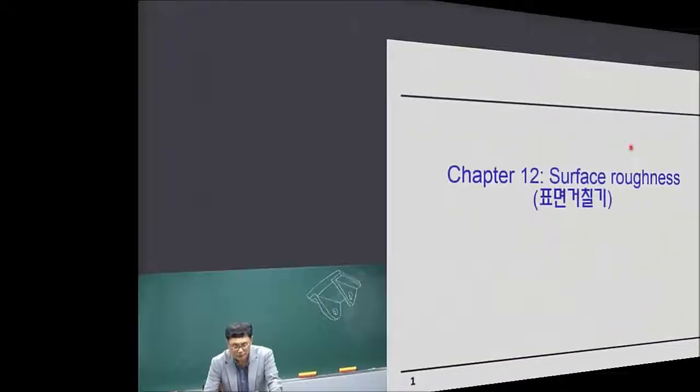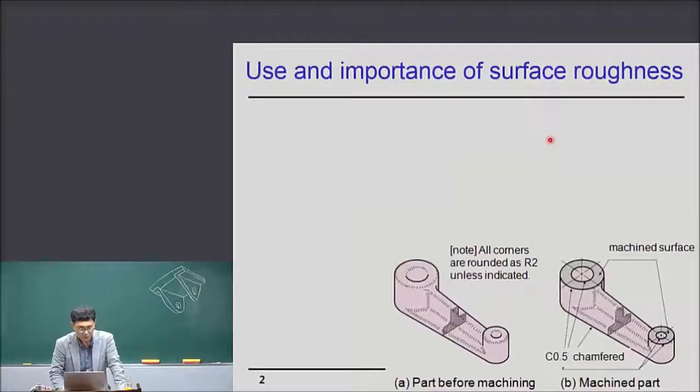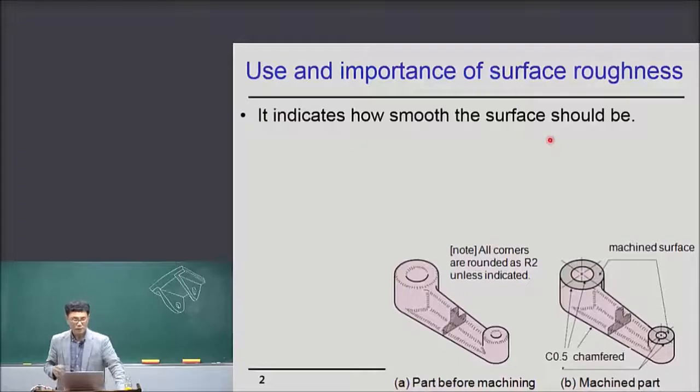Okay. So the use and importance of surface roughness is that it indicates how smooth the surface should be.